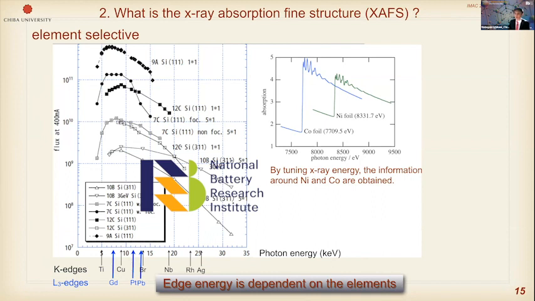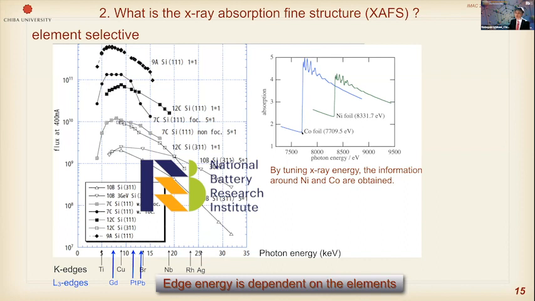I haven't explained about element selectivity yet. This right figure shows the cobalt and nickel absorption spectrum. The cobalt edge is about 7.7 keV, and the nickel is 8.3 keV.